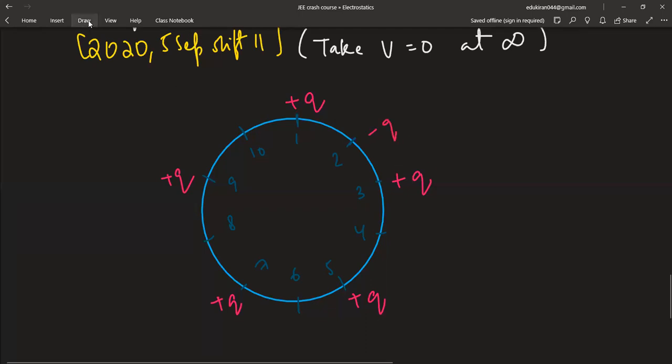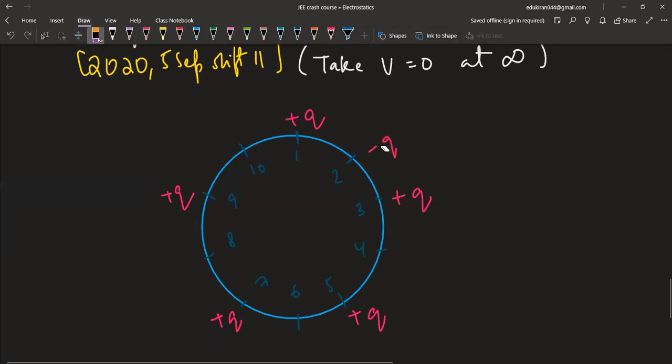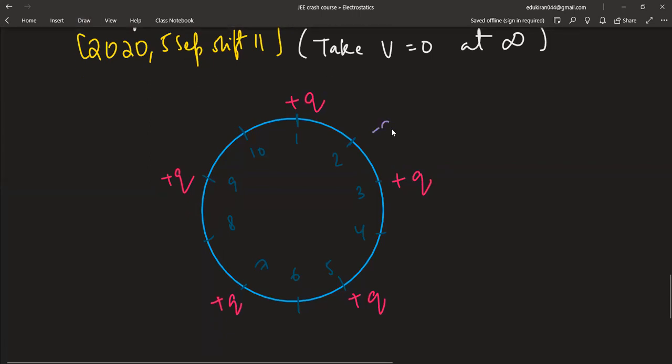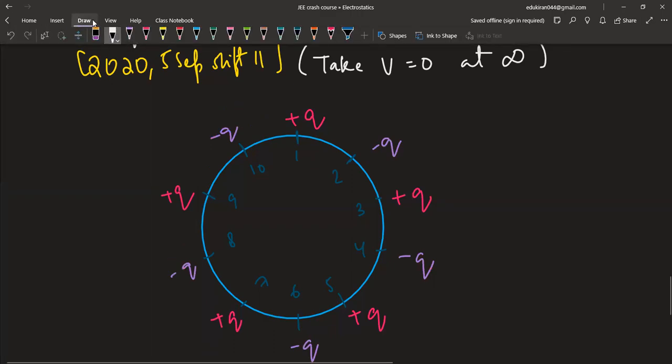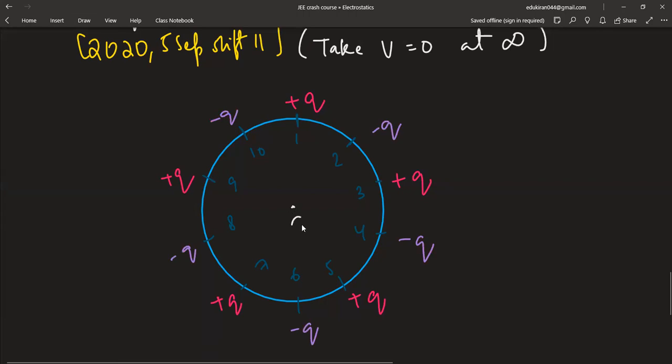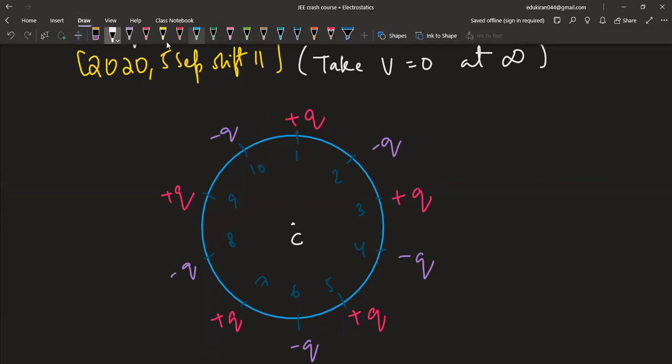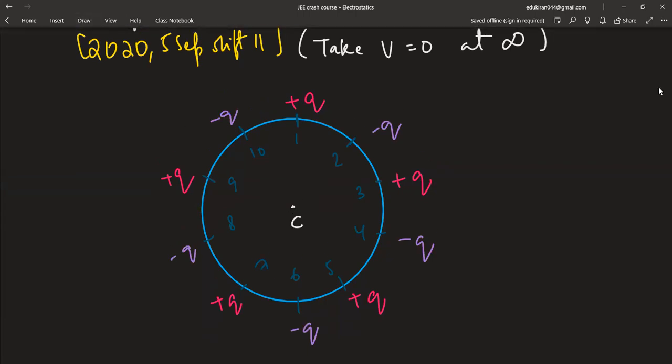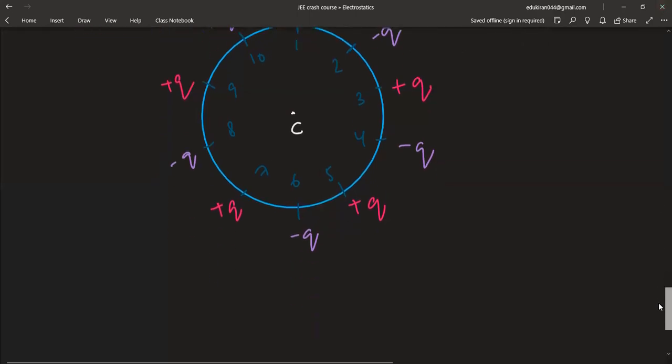These are minus Q, this is minus Q, this is minus Q, this is minus Q, and this is minus Q. So basically, if you have the center C, and you have to calculate all the voltages and all the electric fields, the answer is very clear.